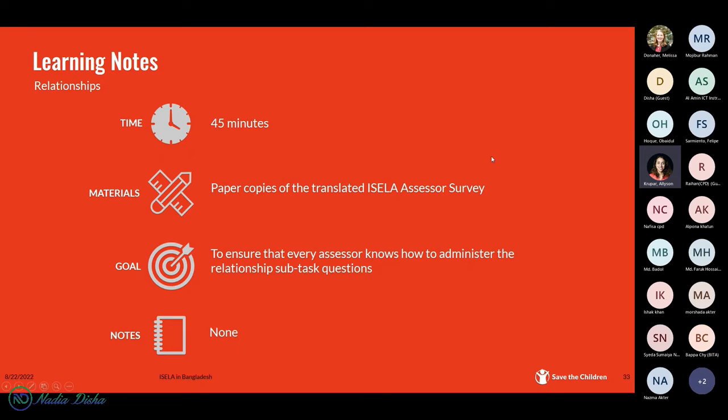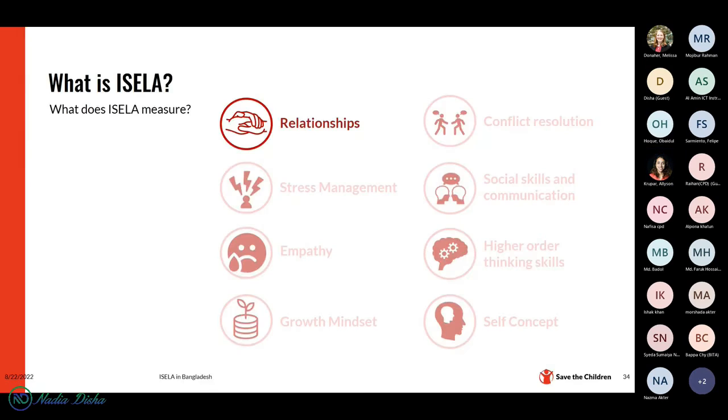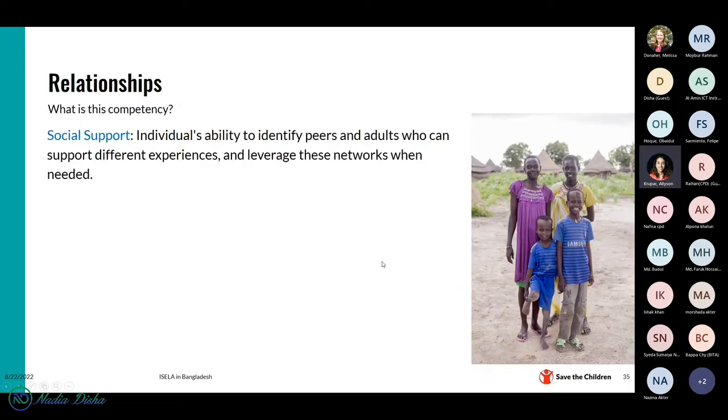And then this section is also, we want to make sure that the enumerators understand how to ask these questions. All right. So what we're measuring with the relationship section is the child's use of social supports.